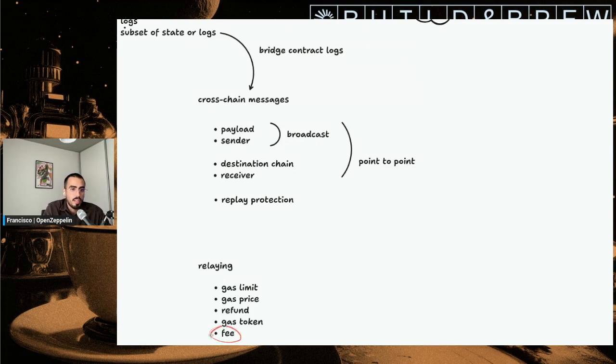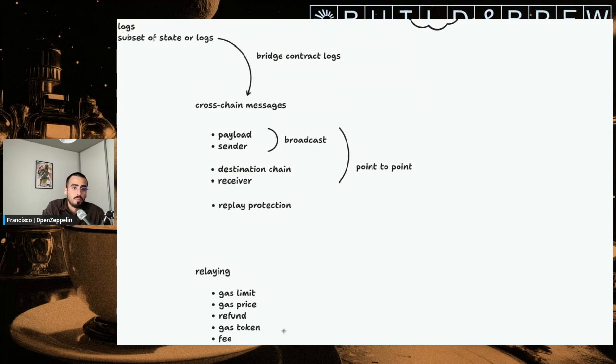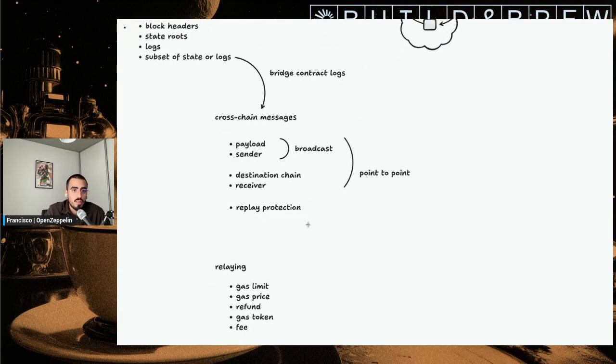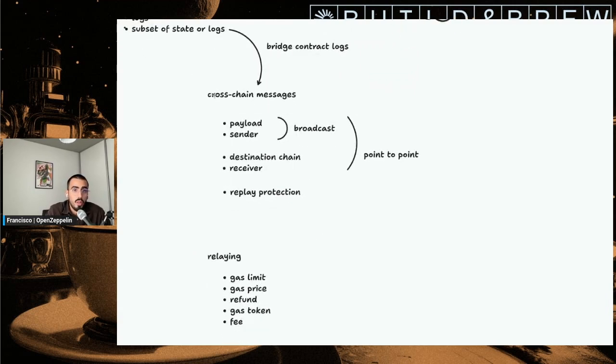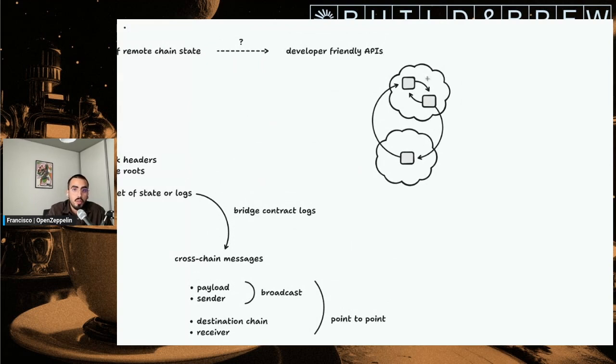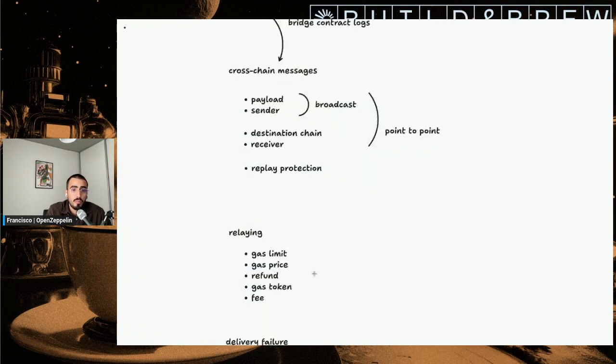And so we're likely going to have to pay a little bit of a fee for that. So this is starting to get complex, but if you want to try to approximate what you had right here with multiple chains, you certainly have to think about all this.